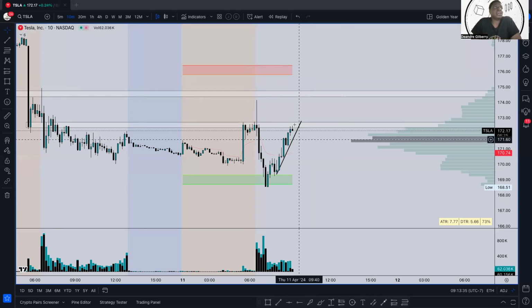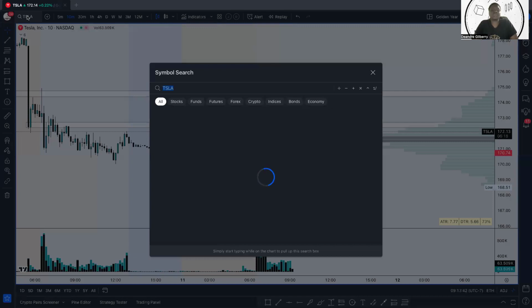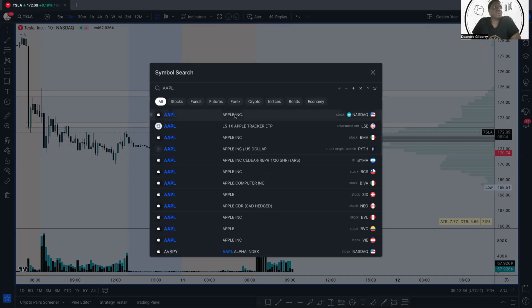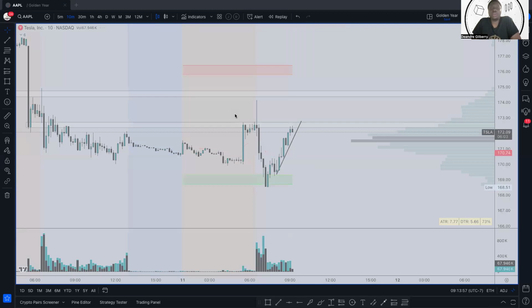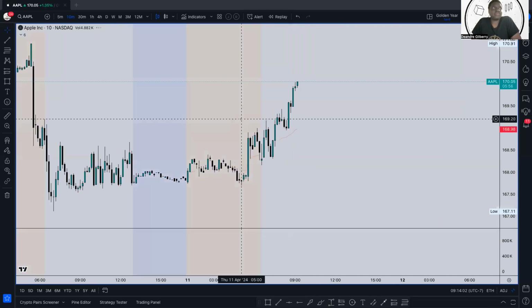And yeah, so this is the trade I took. And I think Apple has a pretty similar setup, so I'm not in it. I didn't day trade Apple, but I am in some LEAPS. And I've just been trying to wait and see if Apple is going to hold and bounce from that 168 spot.